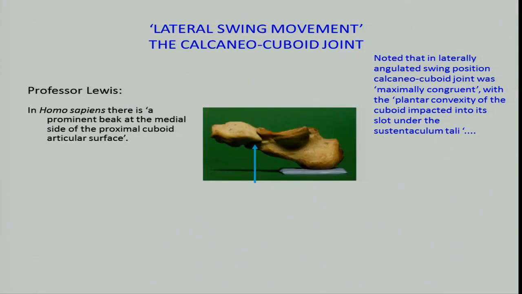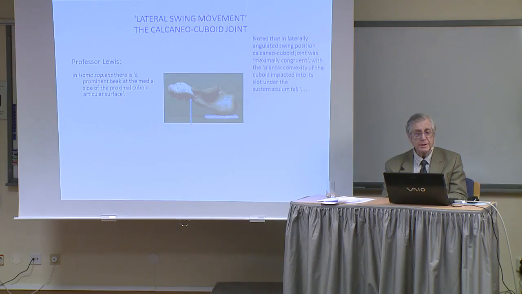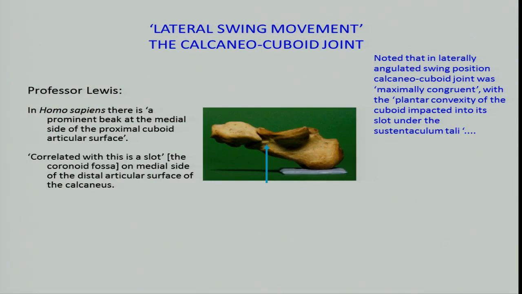But I got out my skeleton and had a look. There is a prominent beak at the medial side of the proximal cuboid articular surface. And correlated with this is the slot or the coronoid fossa on the calcaneus, just below the sustentaculum tali.